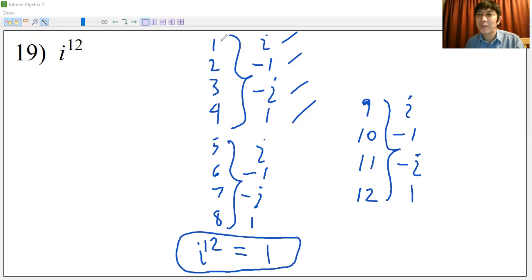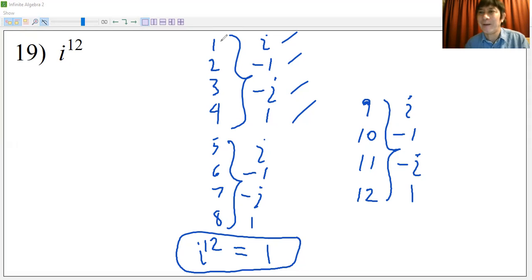What if the number is very large? If the number is very large, you only need to divide by 4. If the remainder is 0 after dividing by 4, that's a positive 1. It's like 4 divided by 4, that's remainder 0, so I to the 4 is 1.